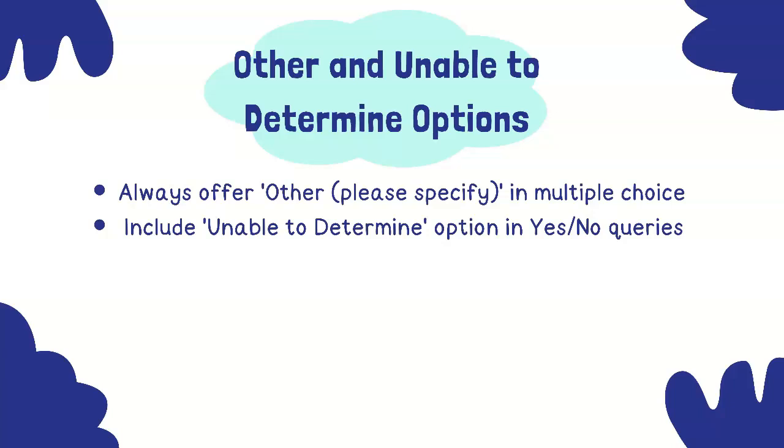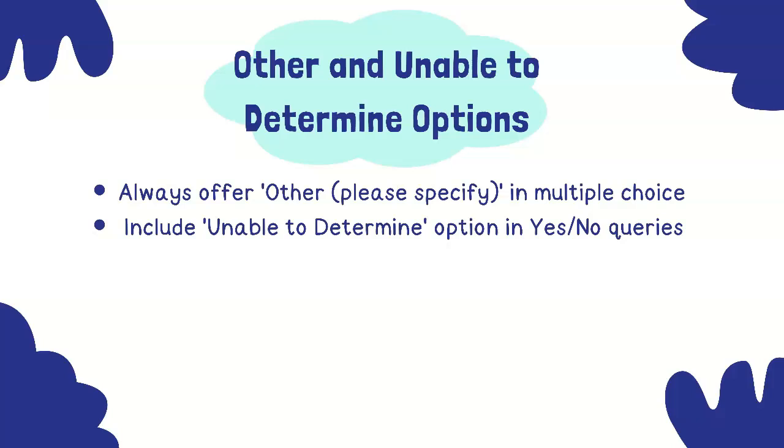In multiple choice queries, it is critical to always include an other, please specify option. Why? This allows the provider to document a diagnosis that's not listed among the pre selected options. What does that do? It ensures that the query is neutral.